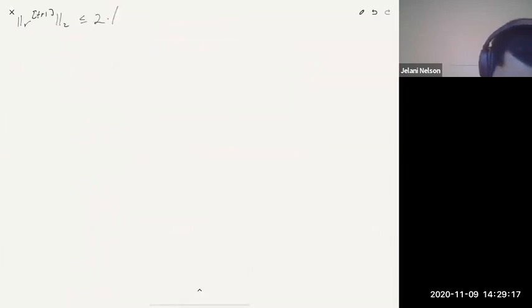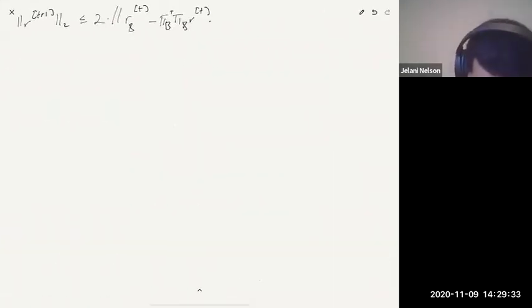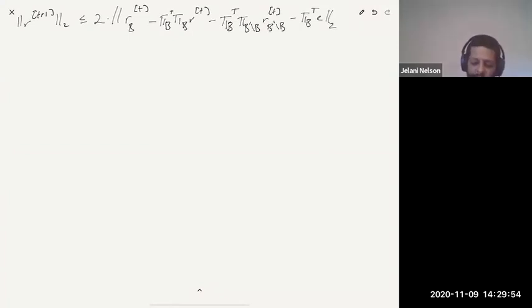We said at the end of the day it's at most 2 times r_{tB}, minus pi_B transpose pi_B r_{tB}, minus pi_B transpose pi_{B prime minus B} r_{t, B prime minus B}, and then I think I had a minus pi_B transpose e.